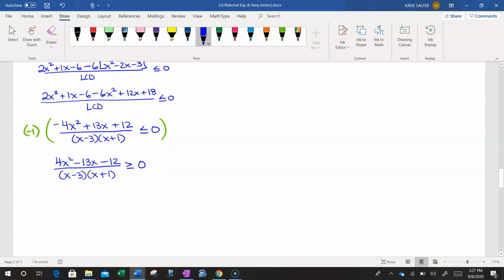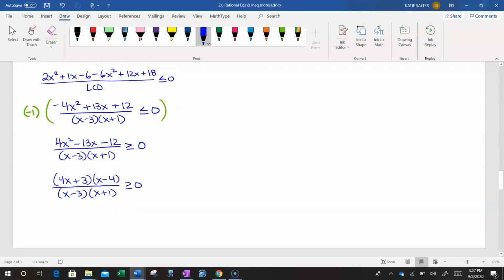And if we factor that numerator, we get (4x + 3)(x - 4) all over (x - 3)(x + 1) is greater than or equal to 0. Okay, so from our knowledge of graphing rational functions, the zeros, or the x-intercepts, for this rational function are at negative 3/4 and at positive 4.